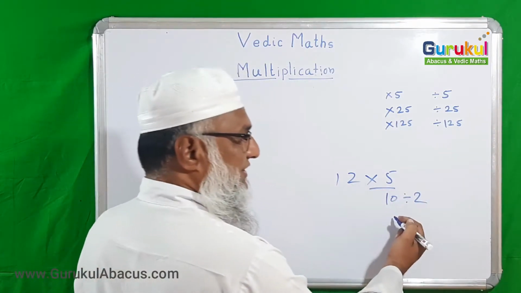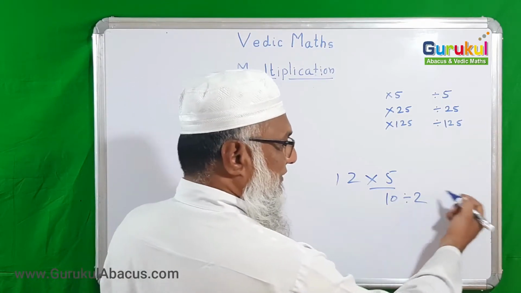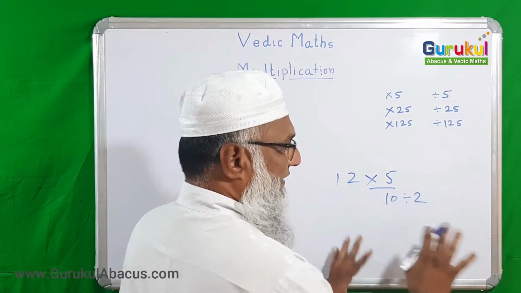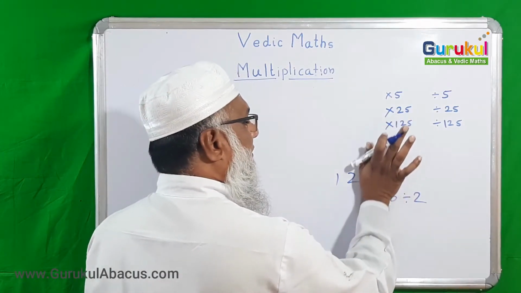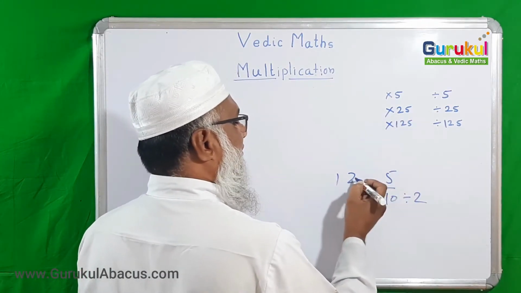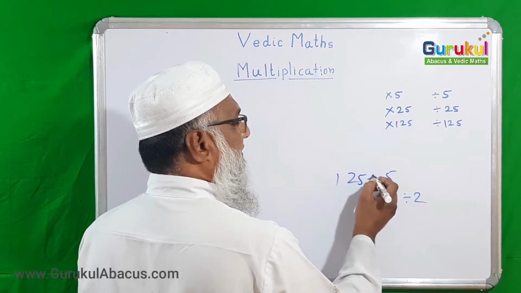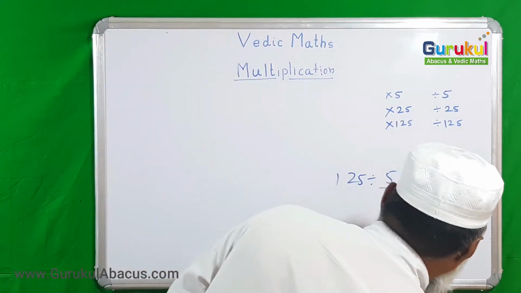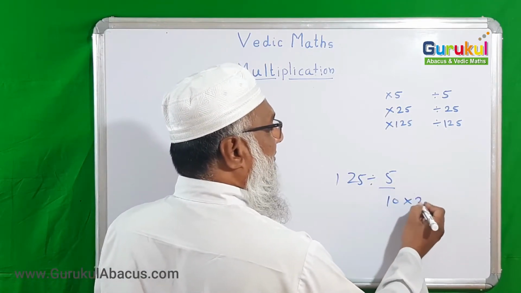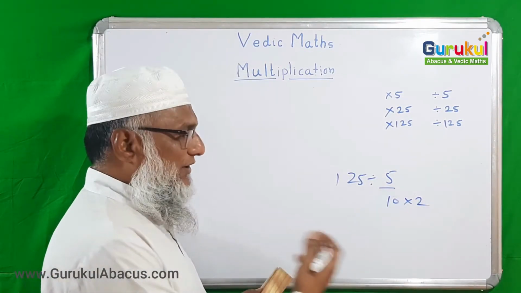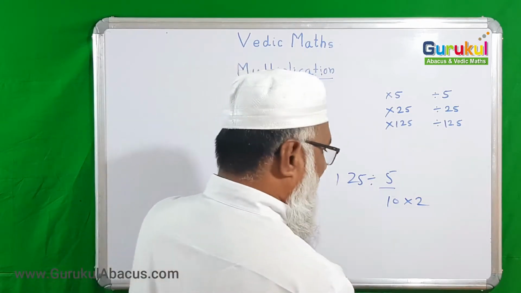Multiplying by 10 would be easy for me, and then just dividing by 2 would be my answer. In the same way, suppose I want to divide a number, say 125 divided by 5. Dividing by 5 means dividing by 10 and then multiplying by 2. By doing that, I can easily solve this example.